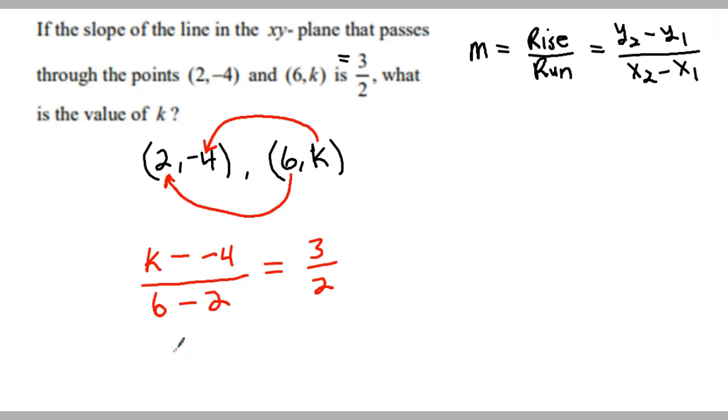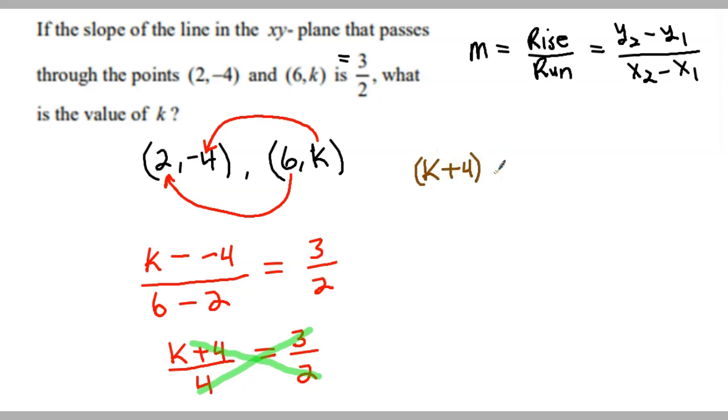So here you get k minus negative 4, which becomes k plus 4, over 4, and it must equal 3/2. You can cross multiply. That gives k plus 4 times 2, two terms, so you can put parentheses, must equal 3 times 4.